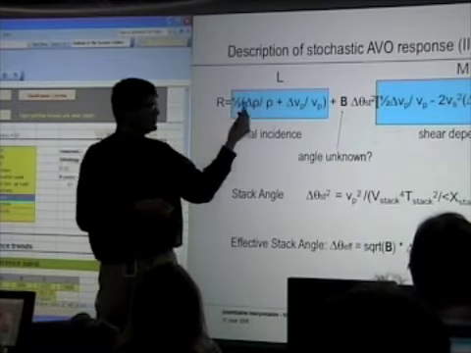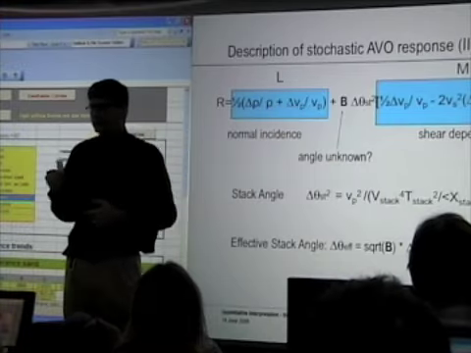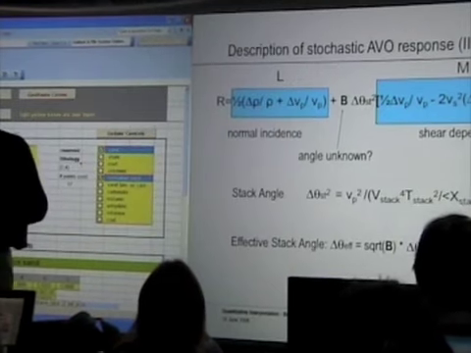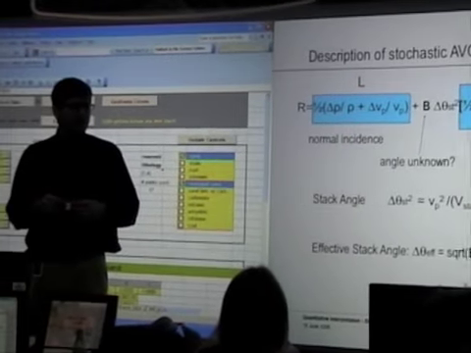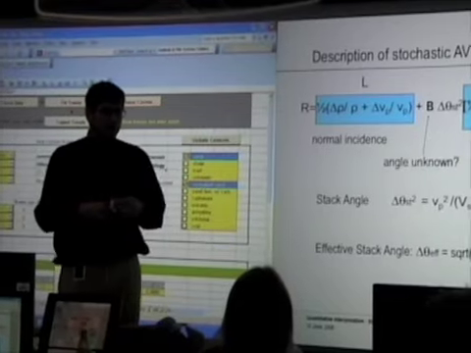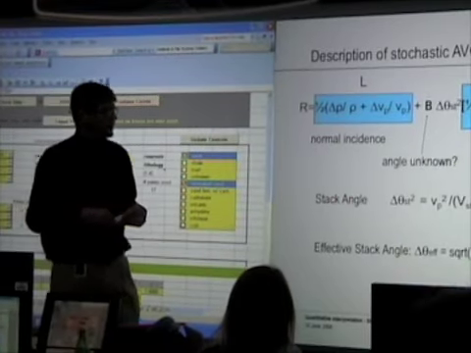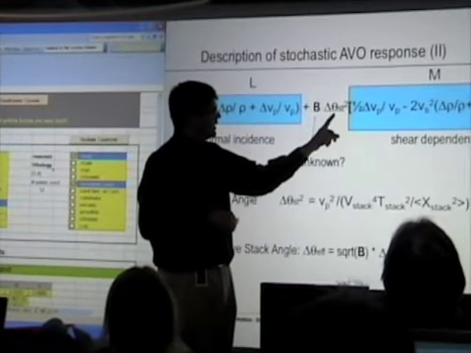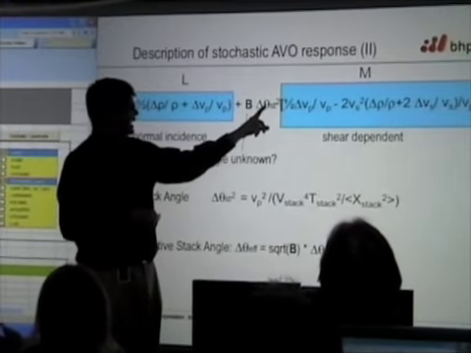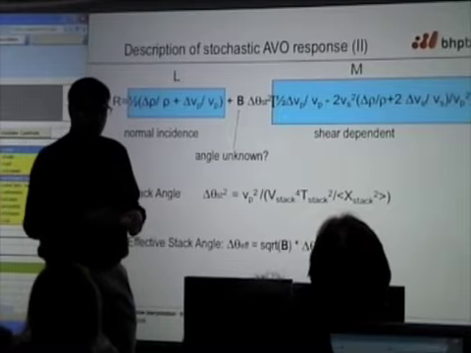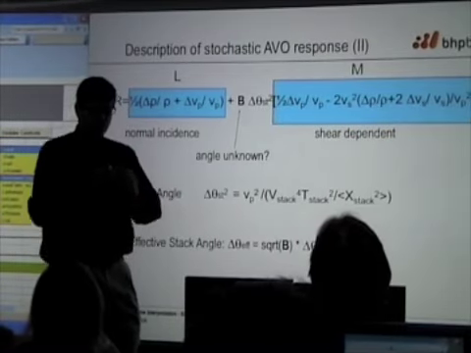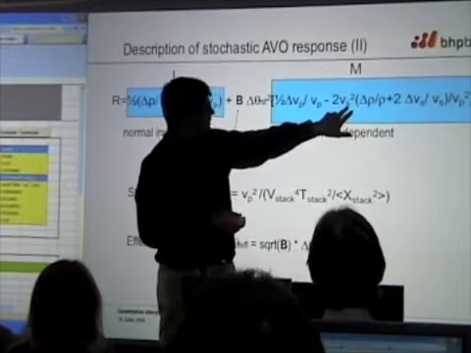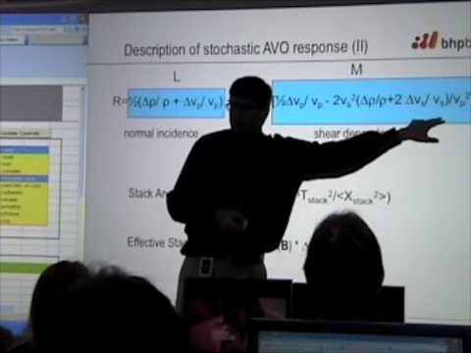Another thing to notice is that one thing does not occur in this term, which is the shear delta Vs, or the shear velocity. The normal incidence reflectivity has no information with respect to the shear properties. The shear properties come in through the way things change with angle of incidence, so you need a reflection at some angle to be able to tell something about the shear properties.